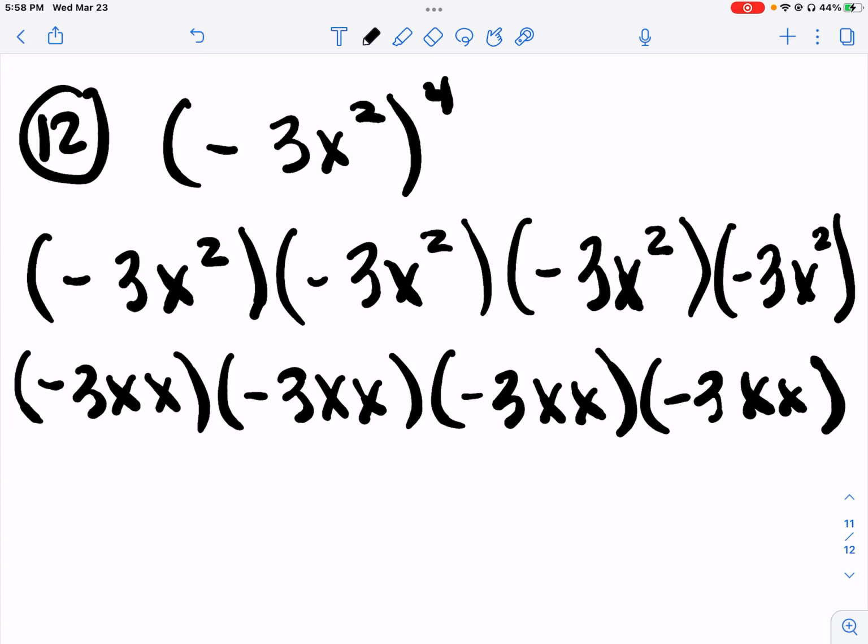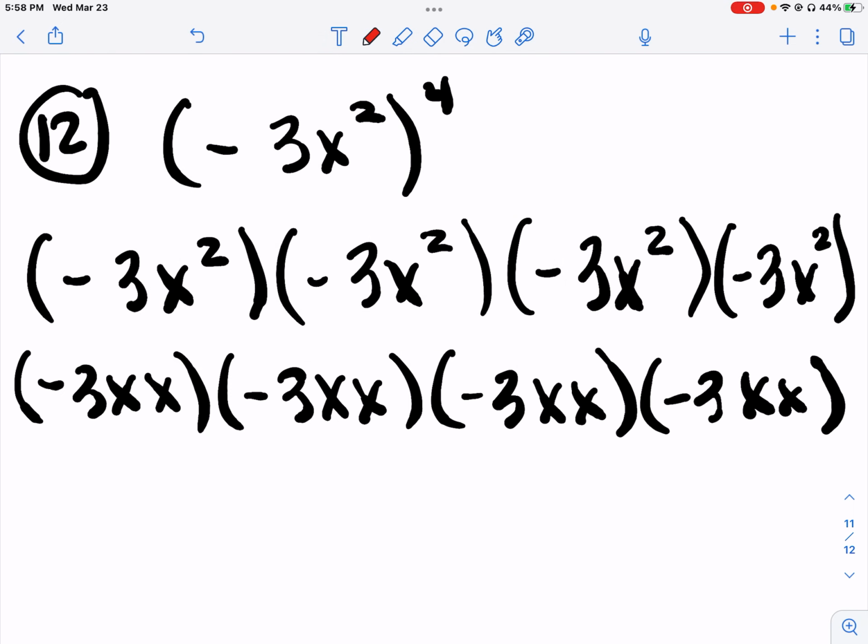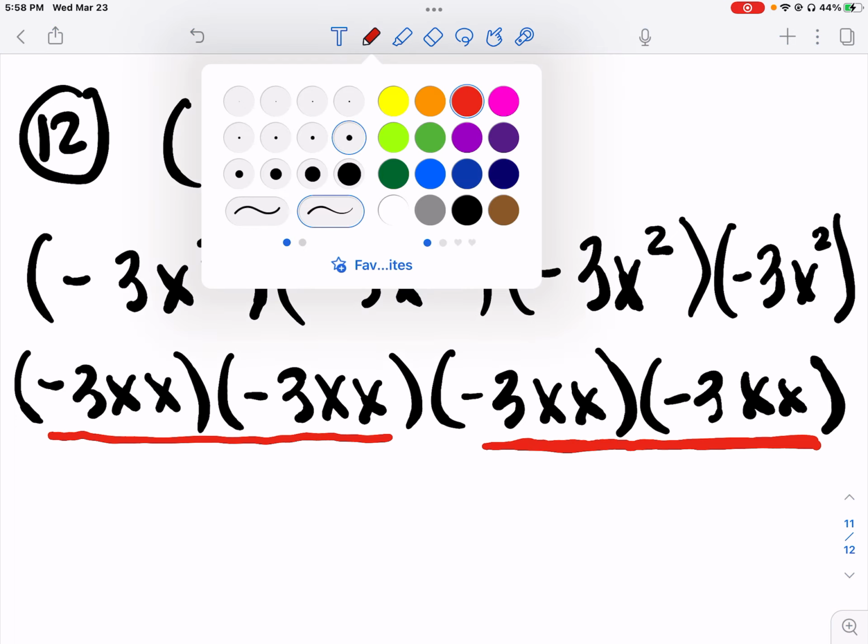Okay, now let's talk about the sign. This negative times that negative equals a positive. The second set, negative times negative, also equals a positive. Okay, so we know we have positive.